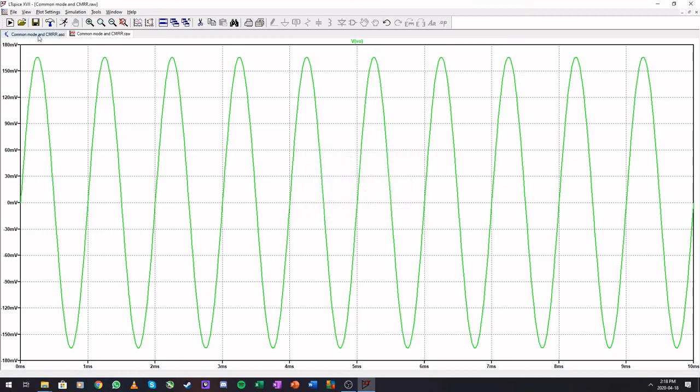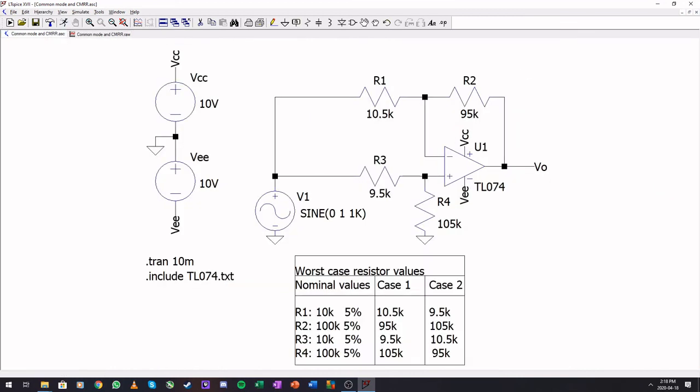Let's look at the second case. So adding a 1 volt signal, getting the output, you can calculate your common mode directly. So there we have it. Quickly going to change the resistors again, and I'll be right back. Okay, so here is the worst case resistors locked in.